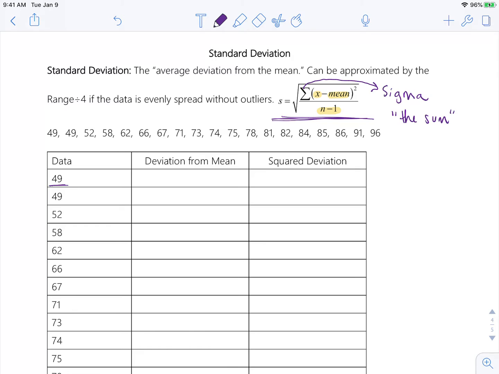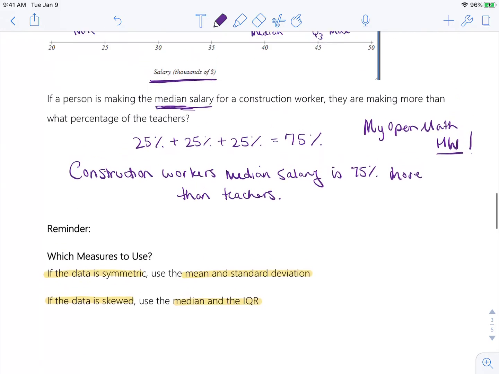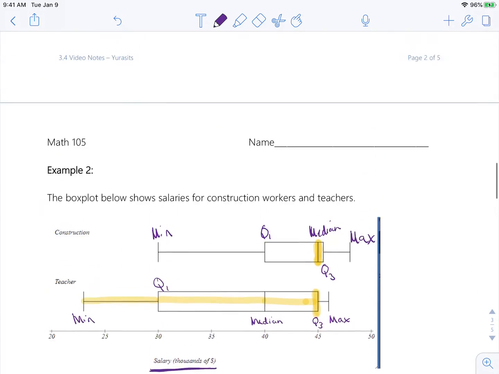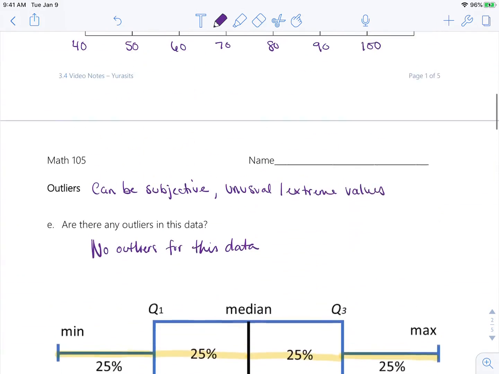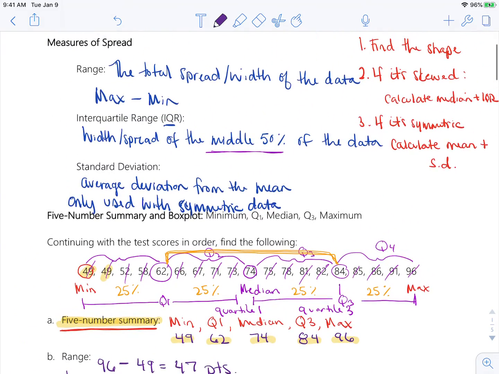So I have 49. What I need to do is subtract the mean. So I take the piece of data, that's my x, take away, well, actually, let's remind ourselves what the mean was. I think it's in my other notes.